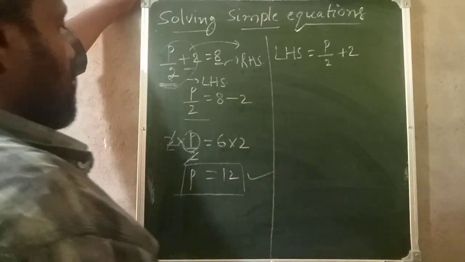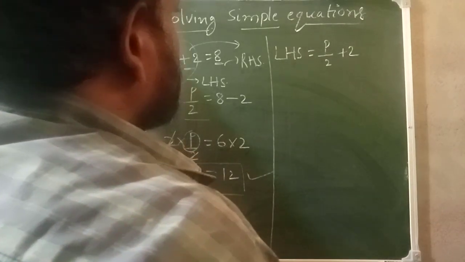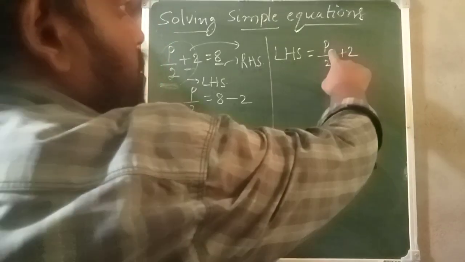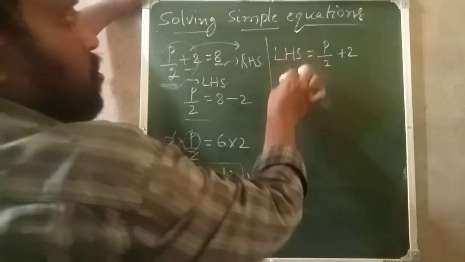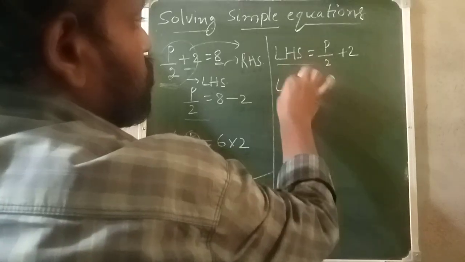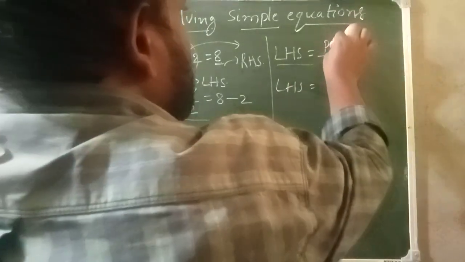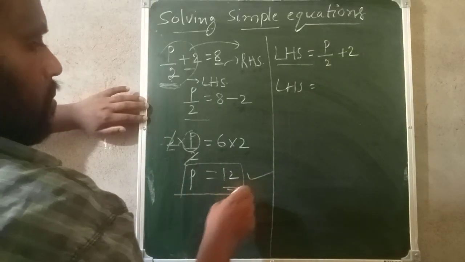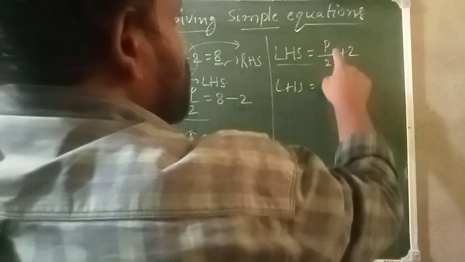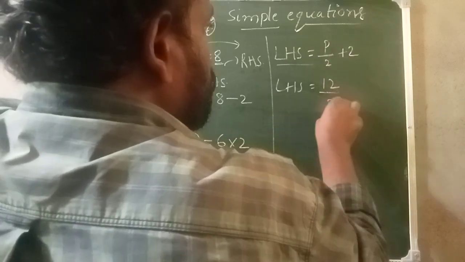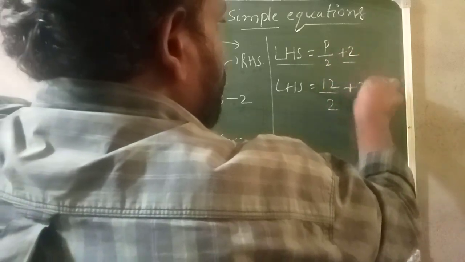Next we have to substitute the value for p. Before substituting, write LHS is equal to, and in place of p I am going to substitute 12, because p is equal to 12. So in place of p, 12 I will write, then the bar and the 2. Next write this plus 2.